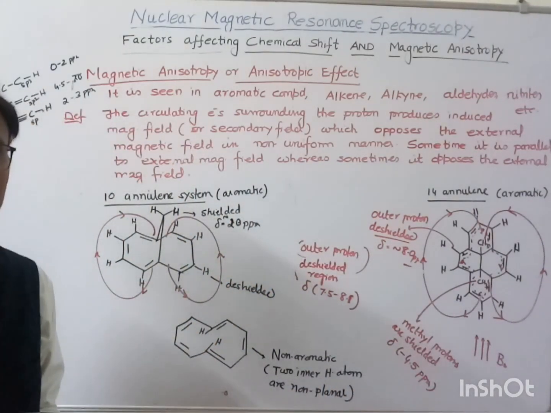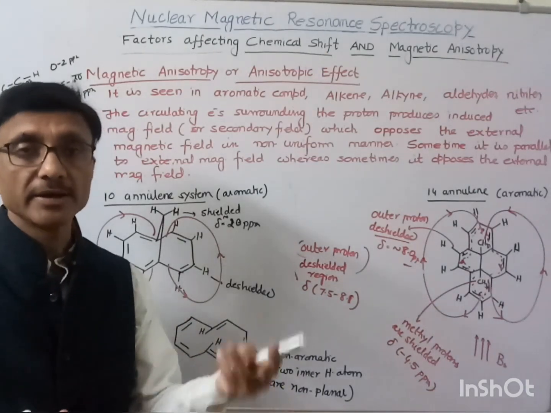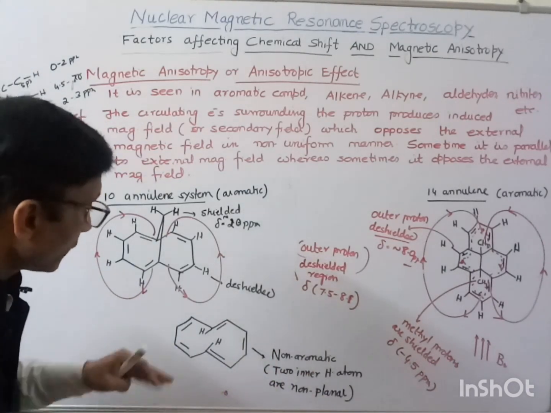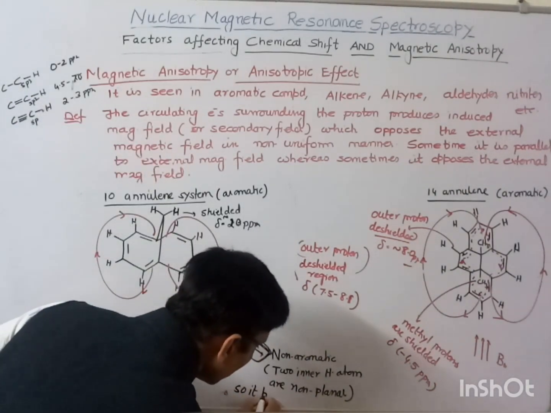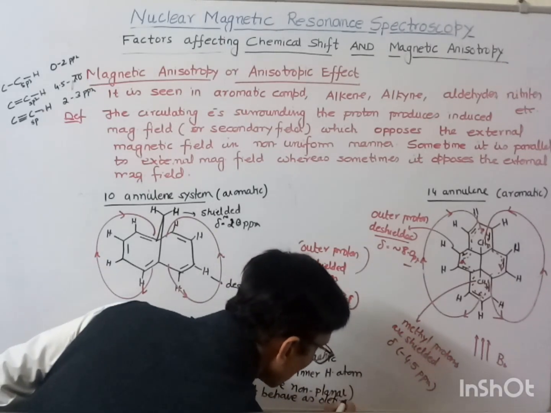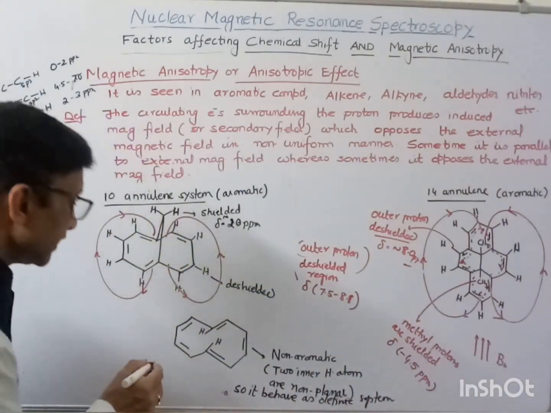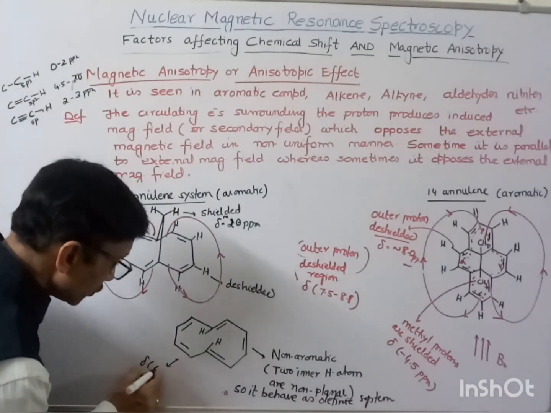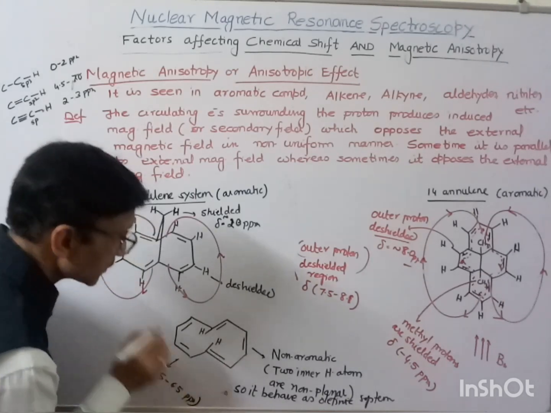An aromatic proton resonates at highly de-shielded positions, around 6.5 to 8.5, but this behaves as an olefinic system, so the delta value is similar to that of alkenes, which I told you is from 4.5 to 6.5 ppm.